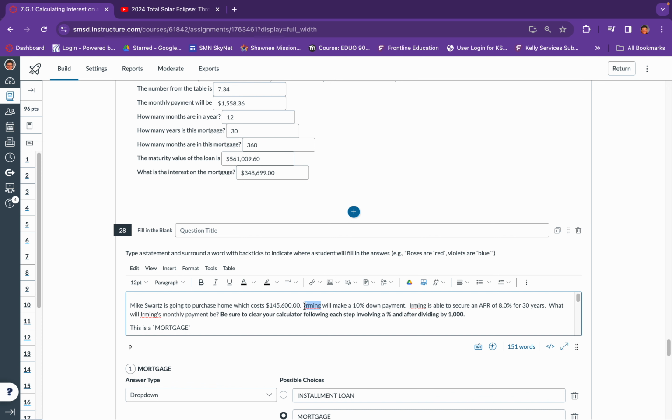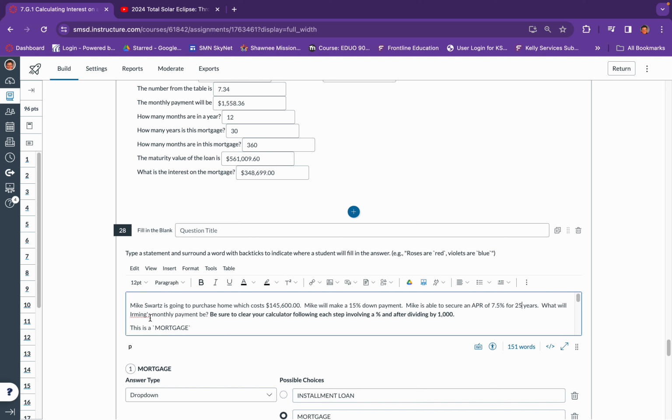And Mike will make a 15% down payment. Mike gets a 7.5% financing, and let's say he wants a 25-year loan.